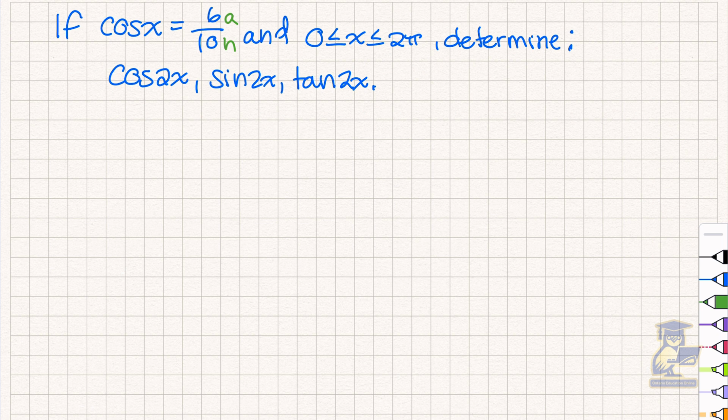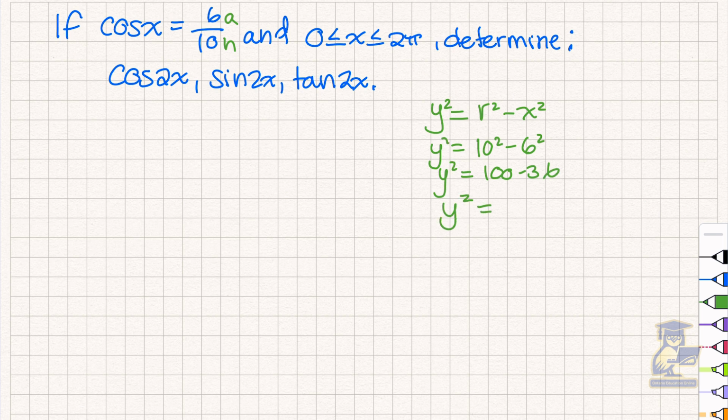We do not know the opposite side, so how would we find that? If we're looking for the opposite, y squared equals r squared minus x squared. So y squared equals 100 minus 36. Y squared equals 64. So y is equal to 8.